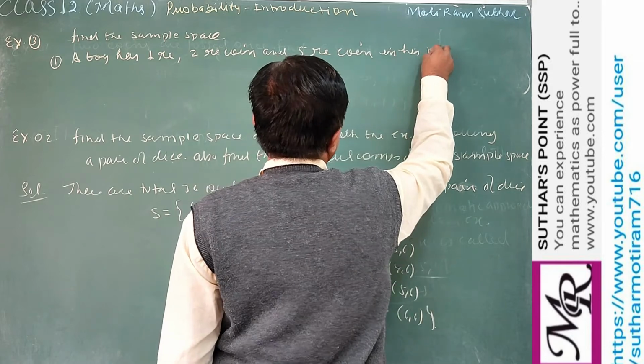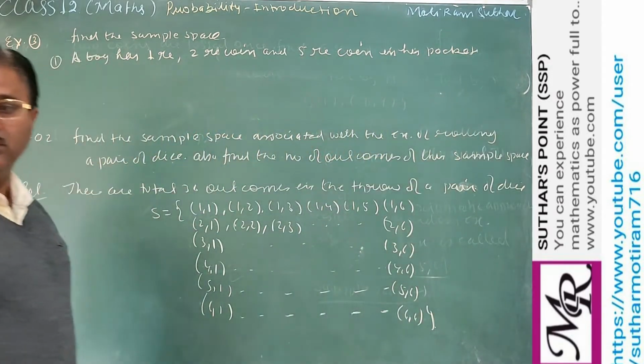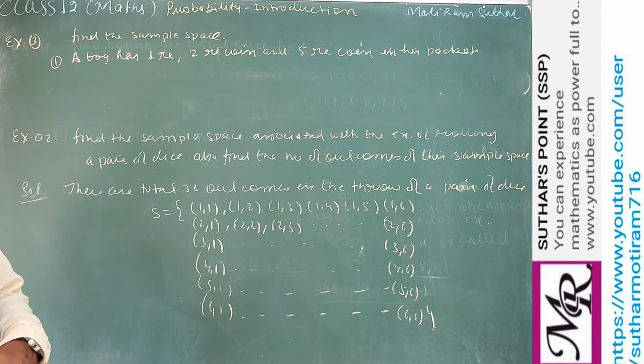Three types of coins are there in his pocket. Then what does it say?